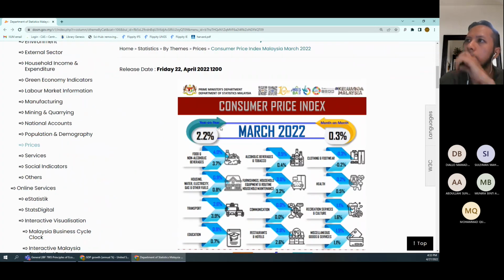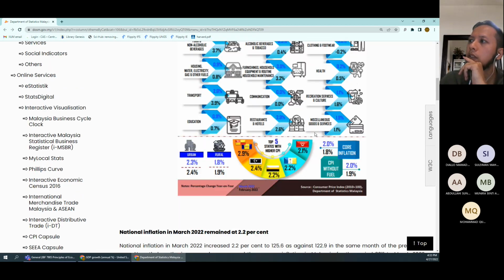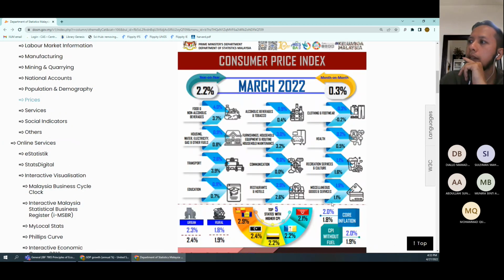Currently 2.2%. So different sectors in terms of food, housing, transport, education. So we have all these different categories of CPI. In terms of clothing and footwear, actually negative. But overall, CPI is 2.2% in Malaysia.